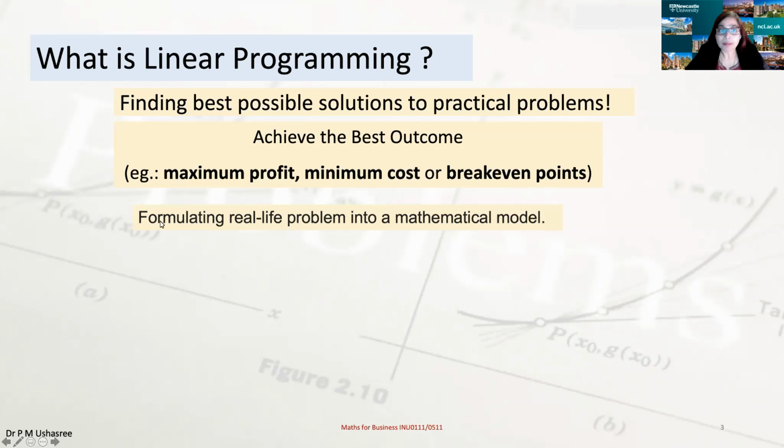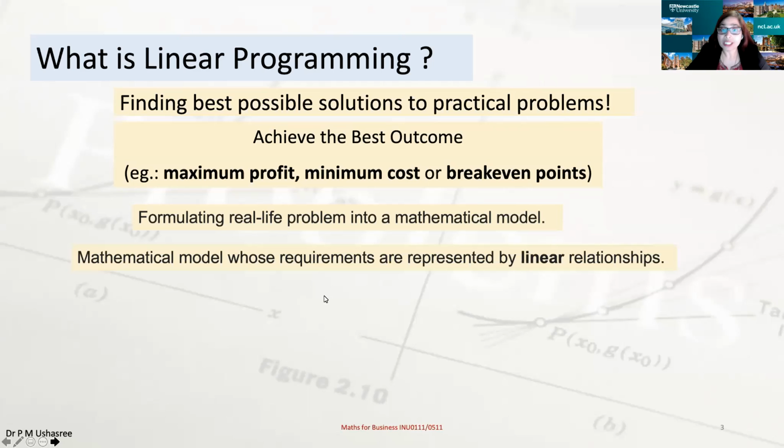And how is it achieved? By formulating the real life problem into a mathematical model. And what does it require? It requires some linear relationships.